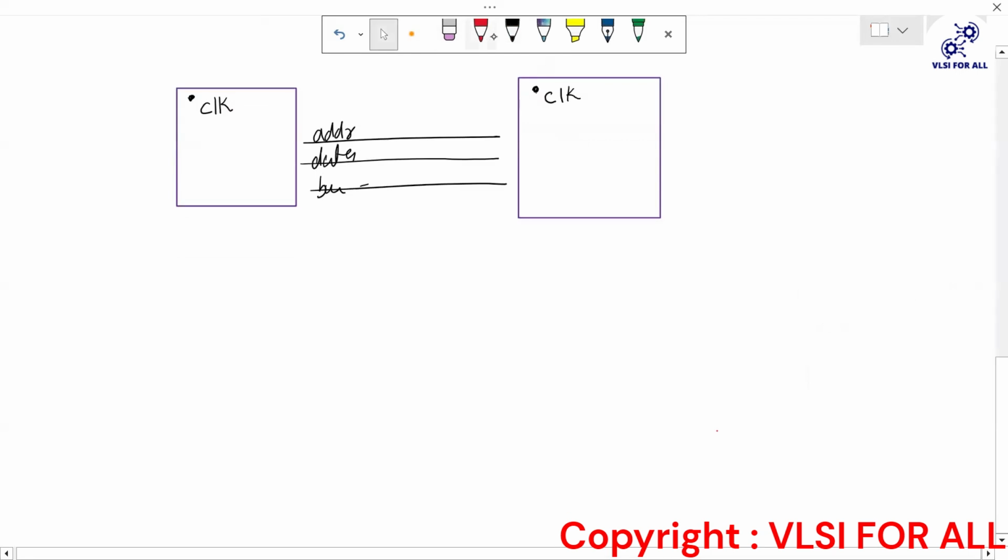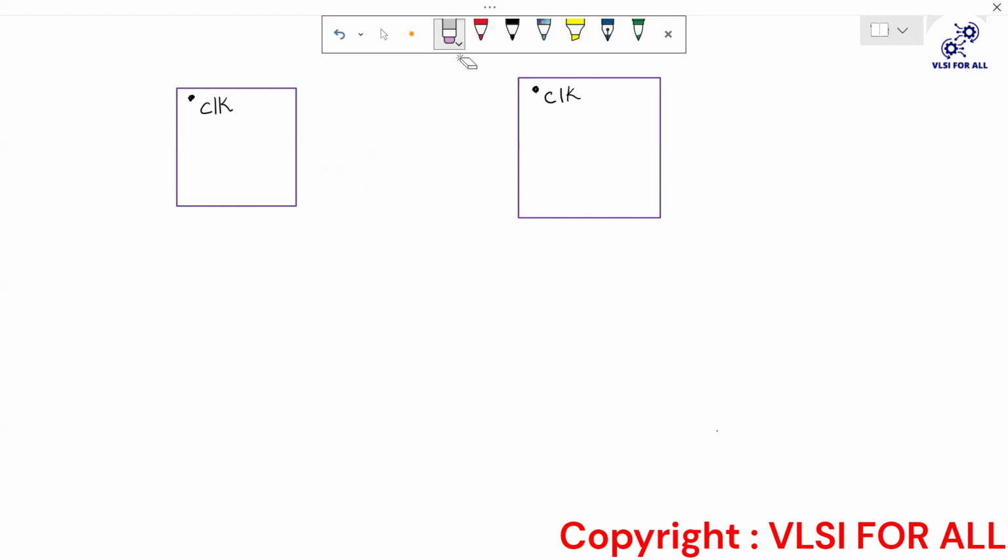See, try to understand. In a peripheral protocol, we don't have signals like address, data and so on. We only have very limited signals. Let's assume we have only TX and RX pins, only these two signals. This is TX and this is RX, and for the other side this is RX and this is TX.